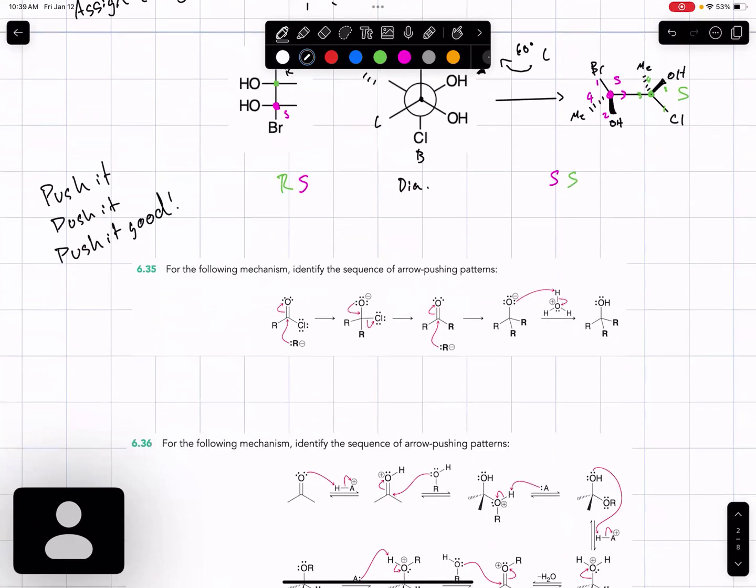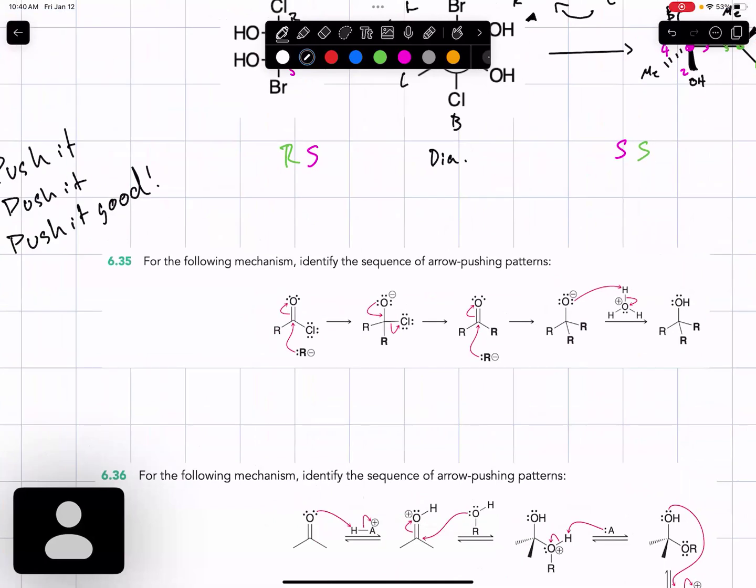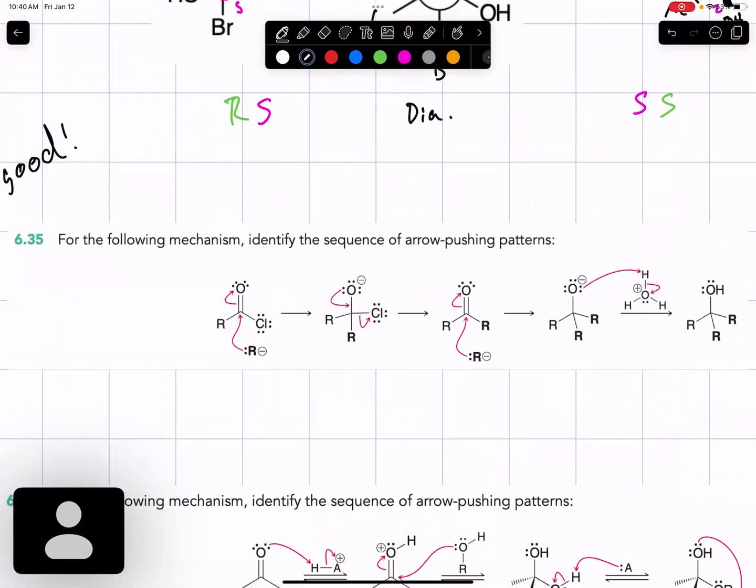All right. So now let's identify different patterns. Okay, this is straight from your textbook. You're gonna get a question like this. What would you put for the first step? Is this loss of the leaving group? Is this rearrangement? Is this proton transfer? What is this? Step 1.